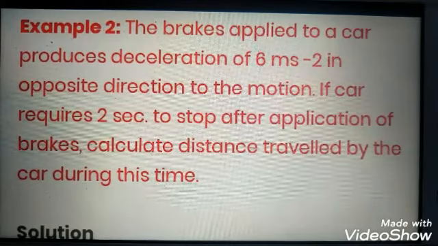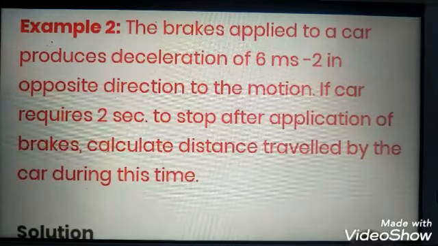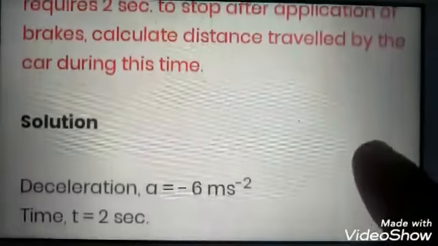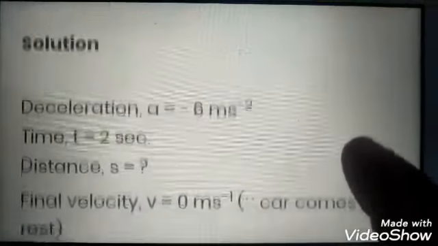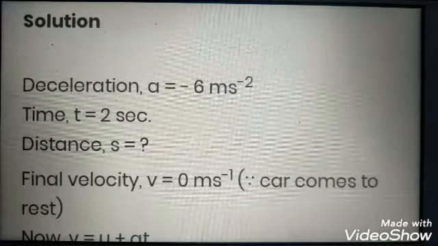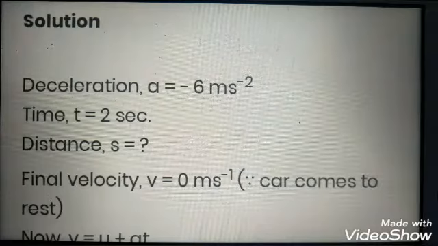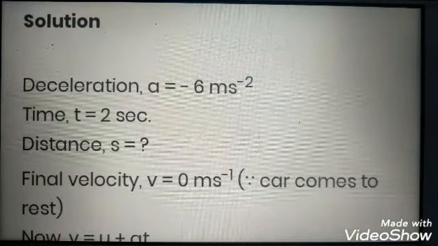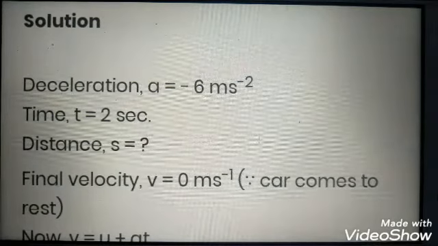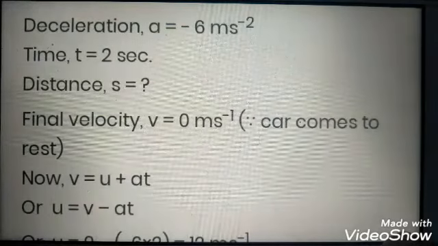And here after applying the brake, the car comes to stop. So we have V is equal to 0. So the acceleration A is equal to minus 6 meter per second square, time T is equal to 2 seconds, distance we have to find out. Final velocity, because the car comes to rest, is equal to 0 meter per second.